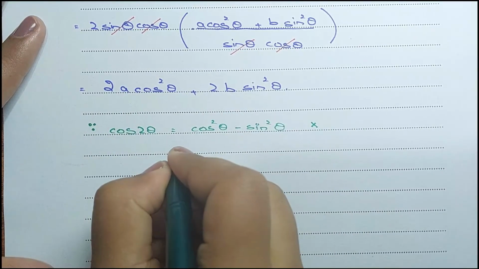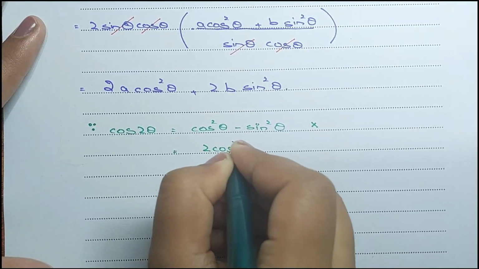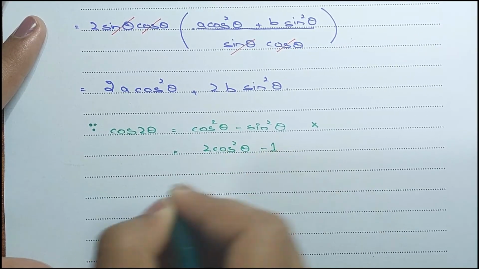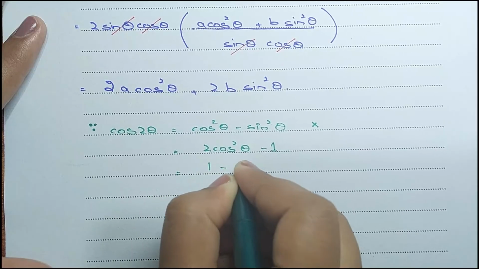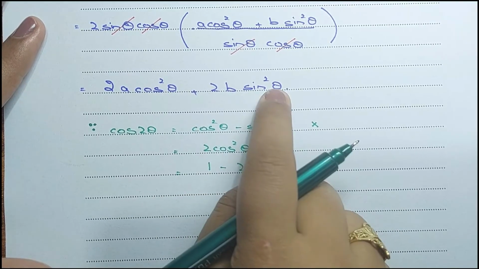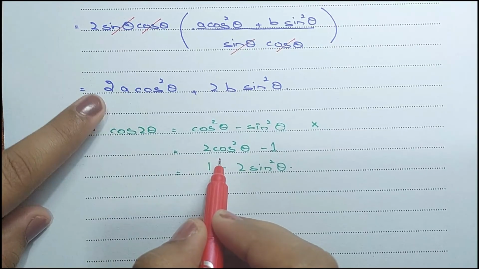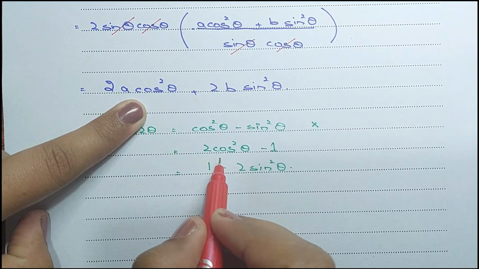The next is 2 cos square theta minus 1, and the next is 1 minus 2 sine square theta. We have sine squared and cos square, so we can use these. So for this identity, 2 cos square theta minus 1.